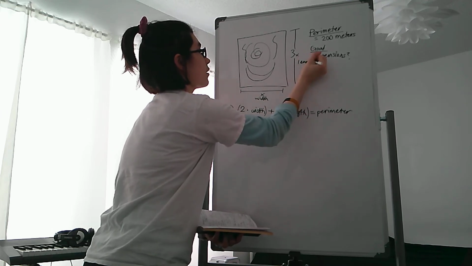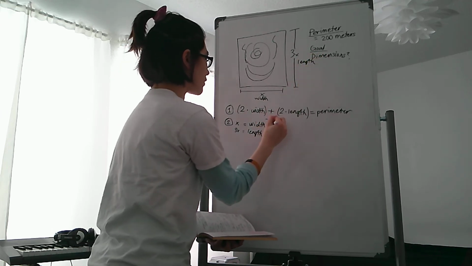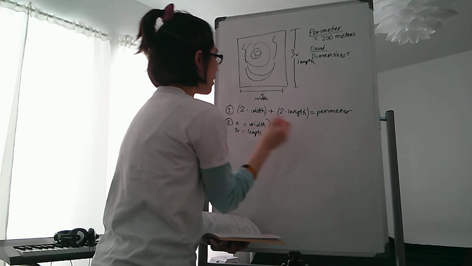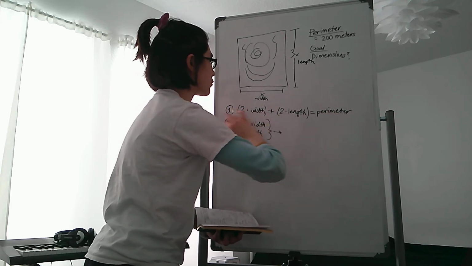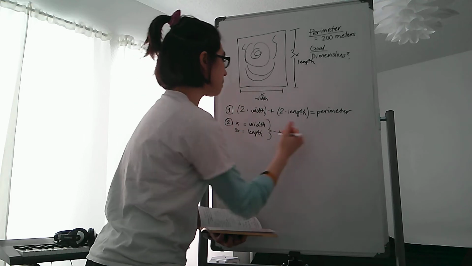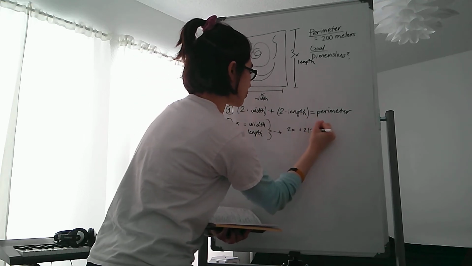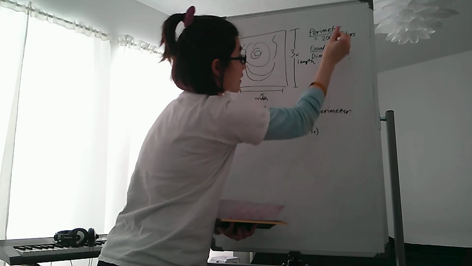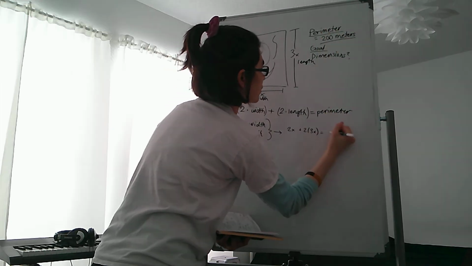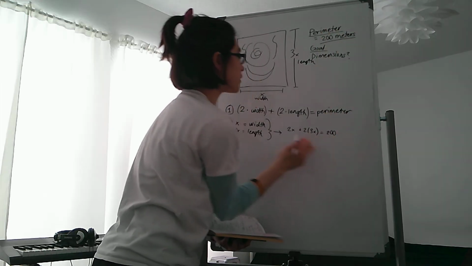Now we're just going to put these into the equation that we created in step 1. So 2x plus 2 times 3x equals the perimeter, which is given as 200 meters. See where I'm going with this?